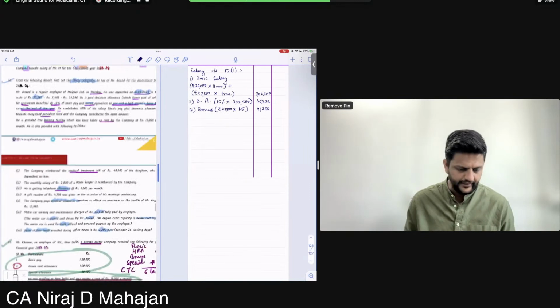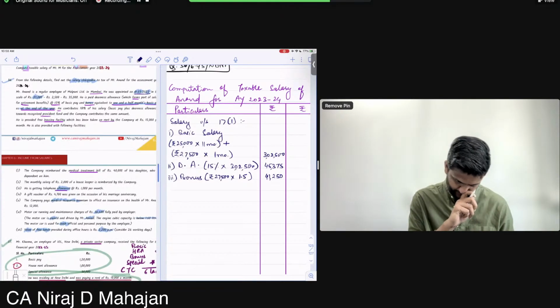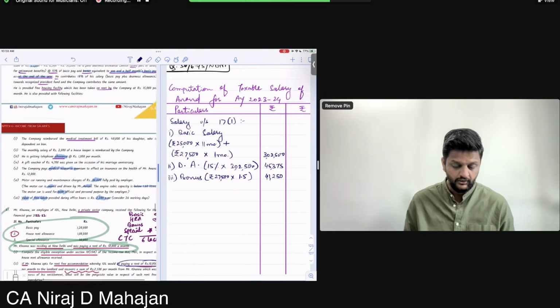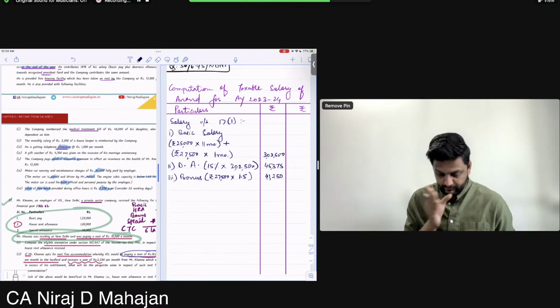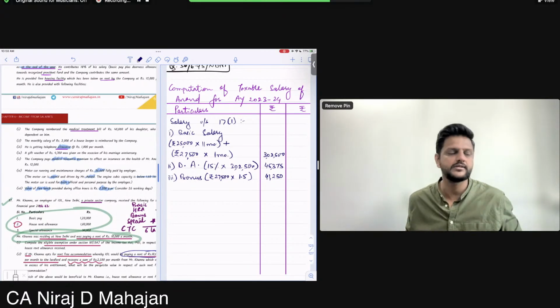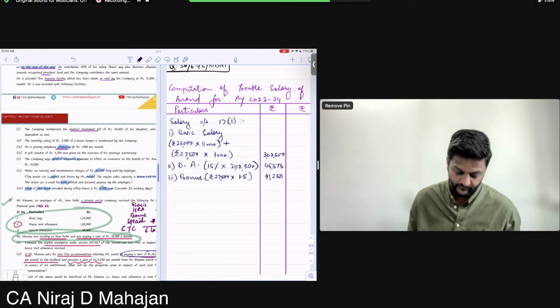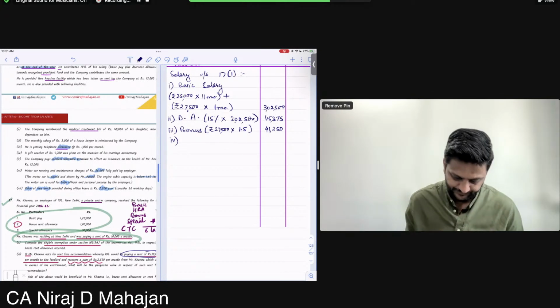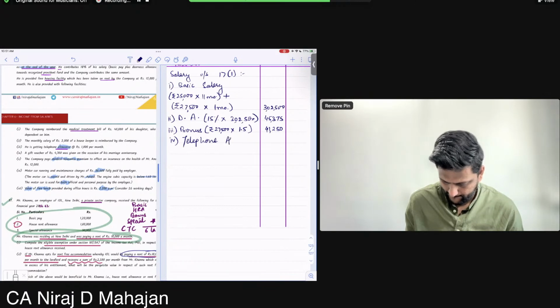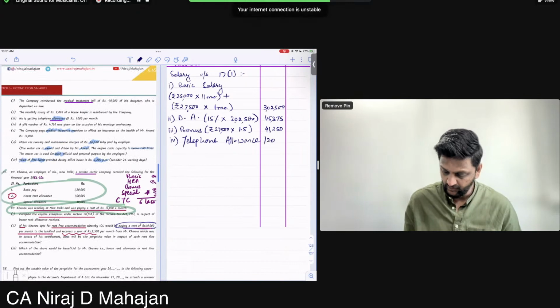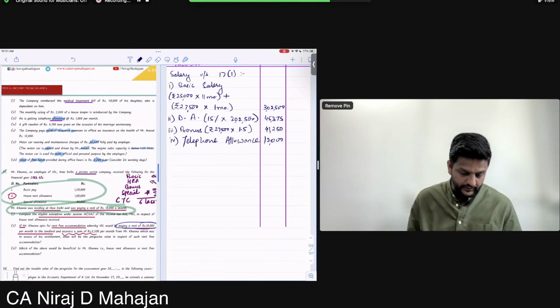Anything else in 17.1? Provident fund. Perquisite. Medical bill. Perquisite. Telephone allowance. Allowance, put in the first one. $12,000.